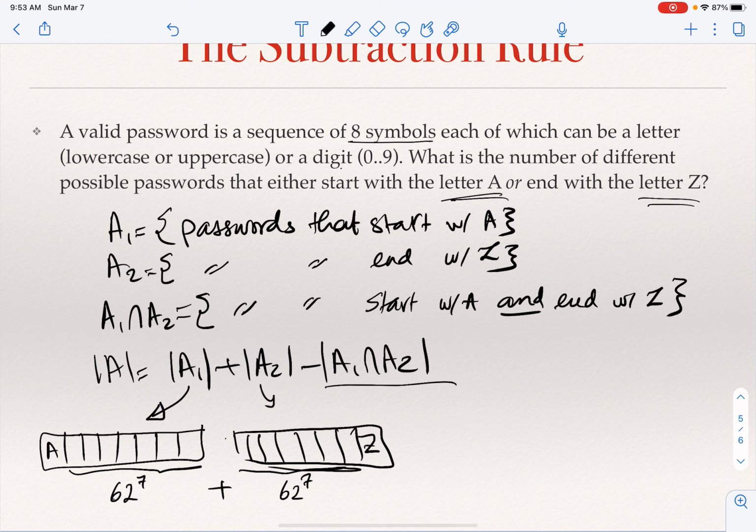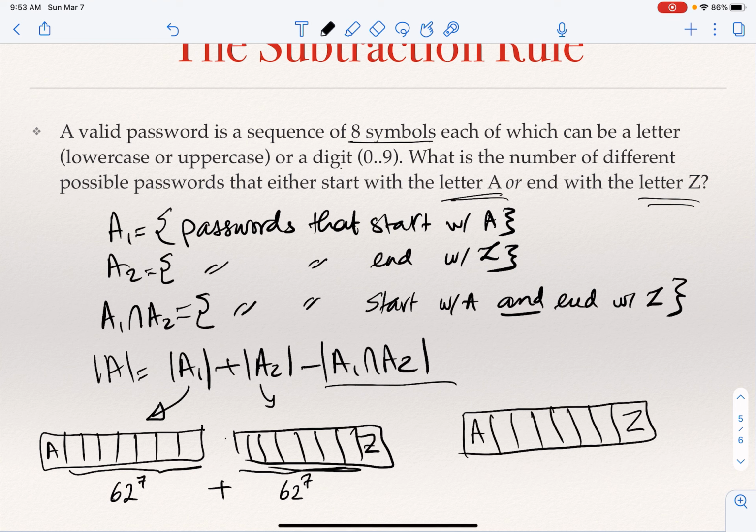Now what about the intersection here? What are we saying in this intersection? That the passwords have to start with A, have to end with Z, and then we have any of the other 6 symbols here, right? So this is 62 to the 6th. We need to subtract that.